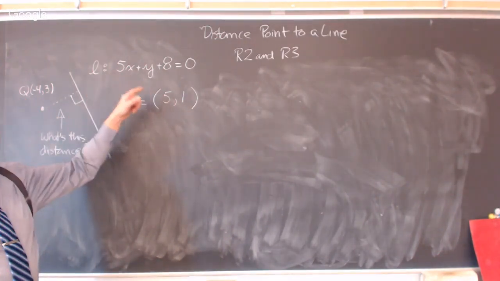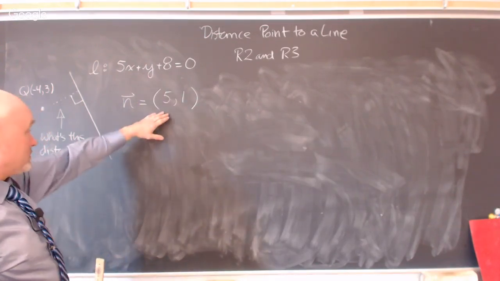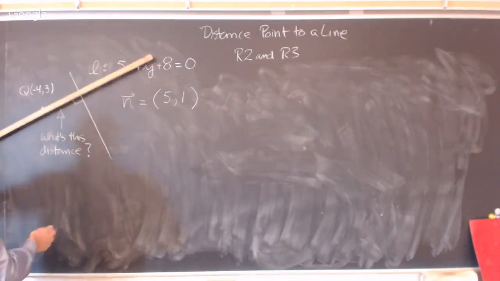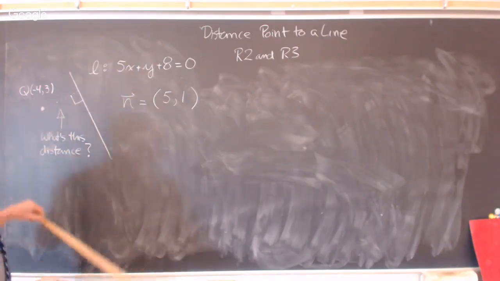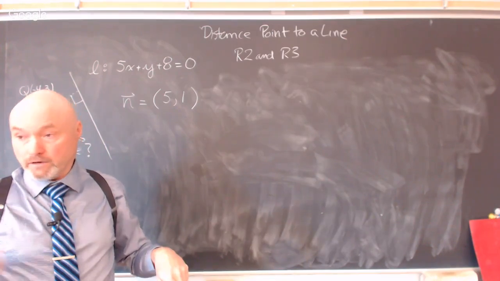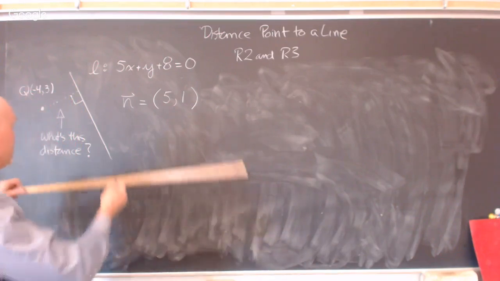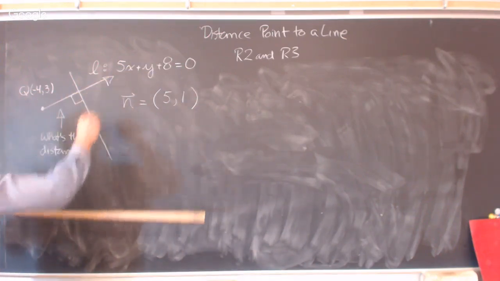When we have the scalar equation, we can actually just read off those coefficients, and that tells us the normal vector, okay? You cannot read that off if it happens to be in y equals mx plus b form, or if you're looking at it in vector form or something like that. Okay, there we go. So there's a normal vector there.